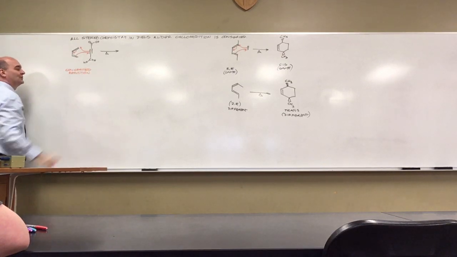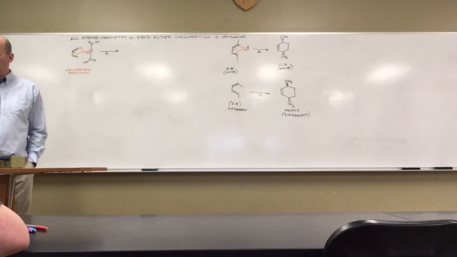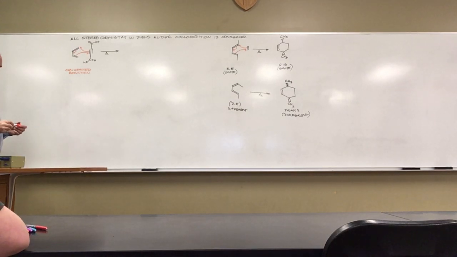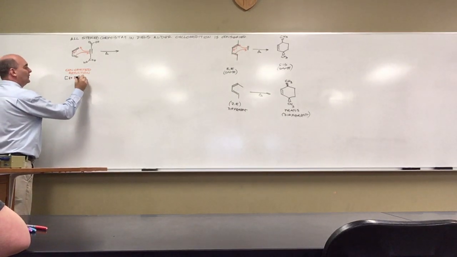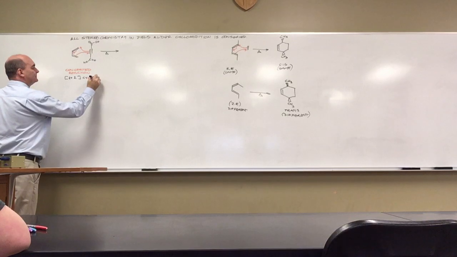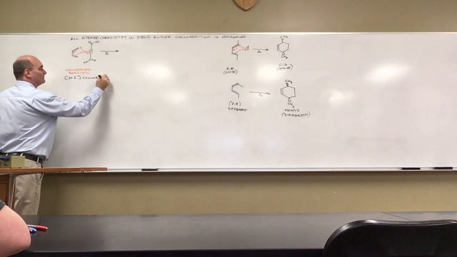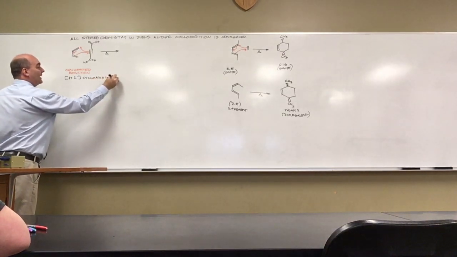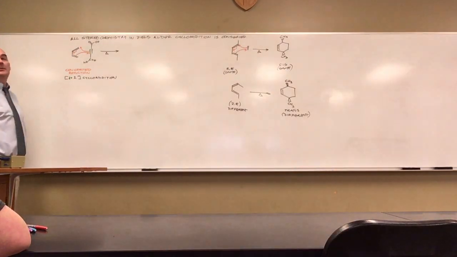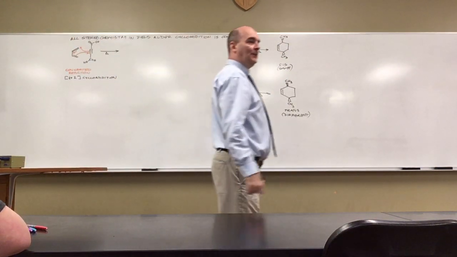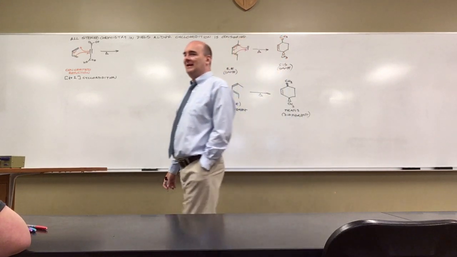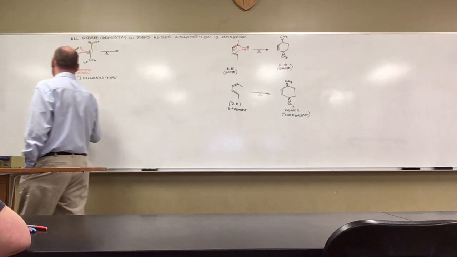That is a concerted reaction, and it's what we're going to call a 4 plus 2 cycloaddition. That is not 4 carbons and 2 carbons. It's not a 4 carbon fragment and a 2 carbon fragment. It is 4 pi electrons and 2 pi electrons.